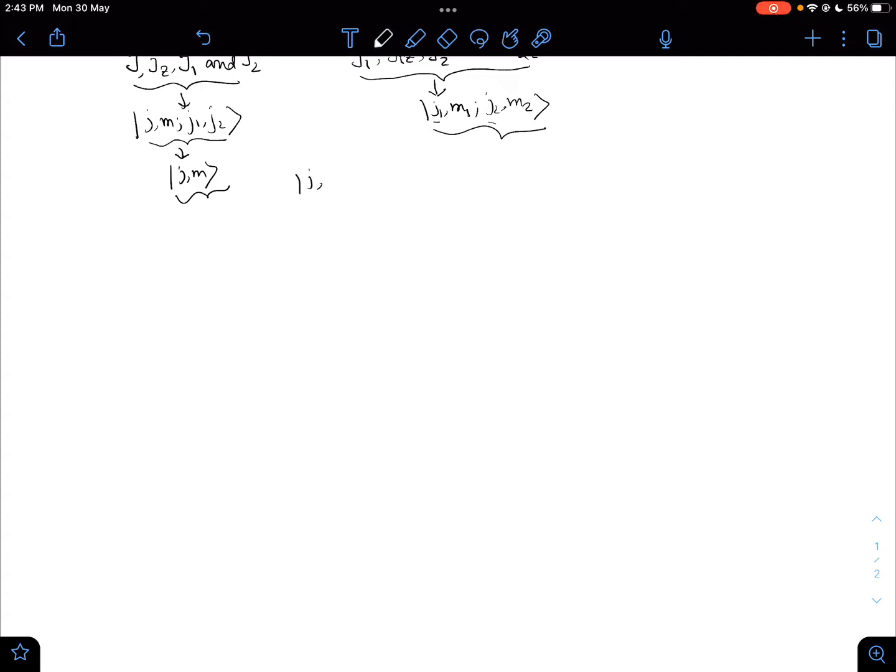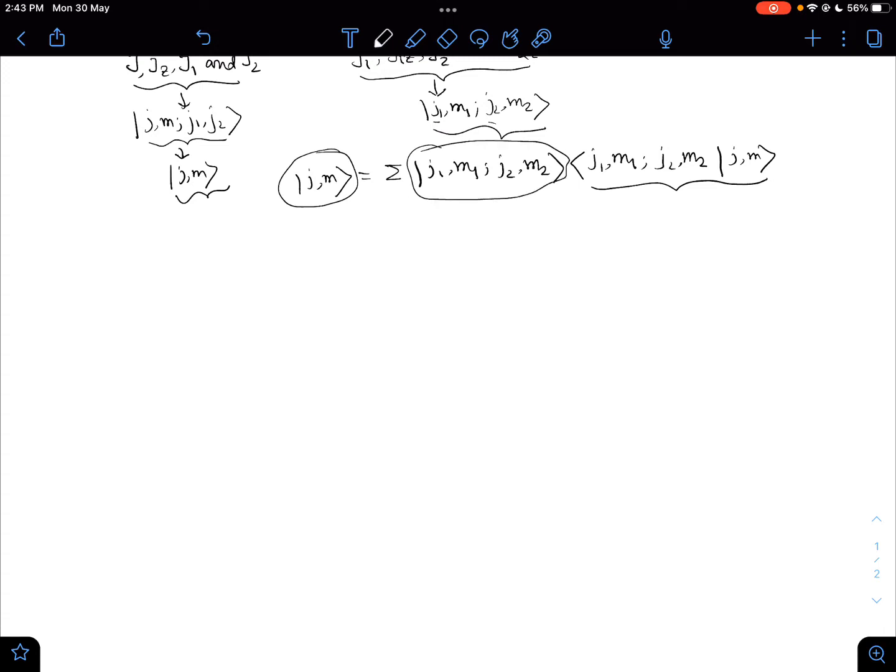So we can write |jm> as the sum over m1 and m2 of |j1 m1, j2 m2> times <j1 m1, j2 m2|jm>. This is our Clebsch-Gordan coefficient, and through this coefficient we can connect these two basis states. The summation is over m1 and m2.